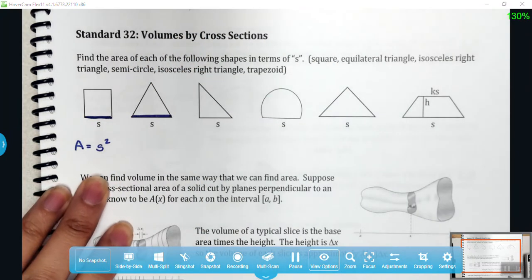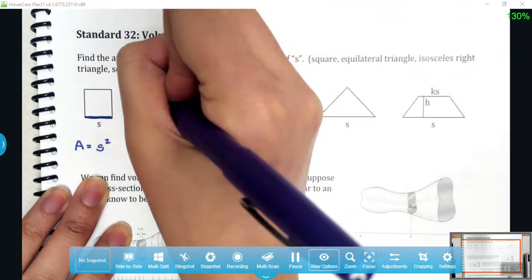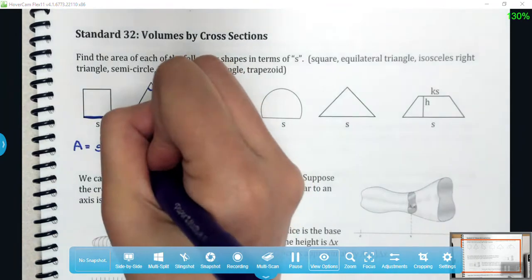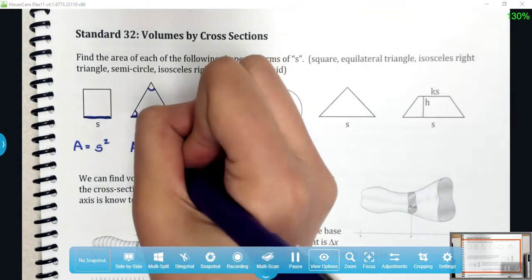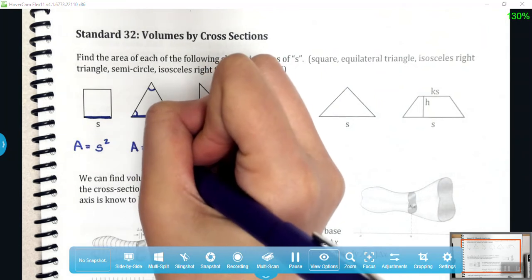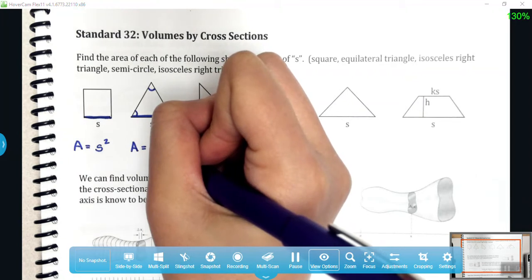Now, if this is your base, this is an equilateral triangle, so all the angles are equal. What's the area of this? Anybody remember? It was special. Is it a root? S squared. You have the right numbers, wrong places.